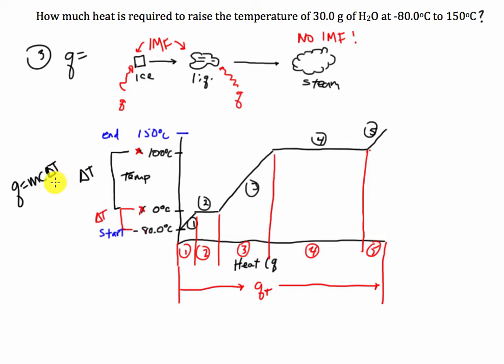If there's a change in temperature in this portion of the problem, you're going to use Q equals MC delta T. If it's flat and plateauing, you're going to use a change in enthalpy. In this case, you're going to use the heat of vaporization, which is 40.7 kilojoules per mole.